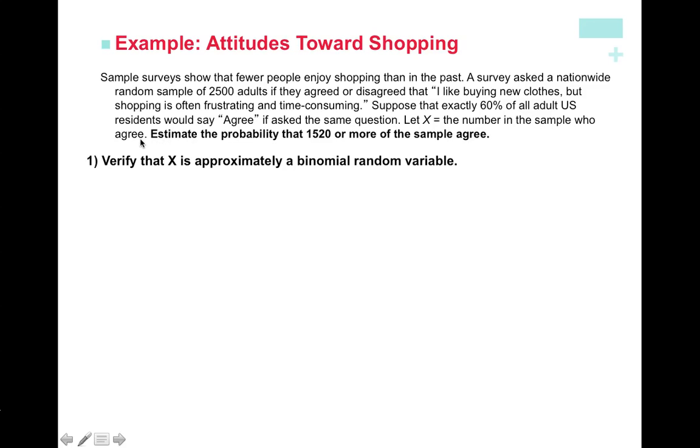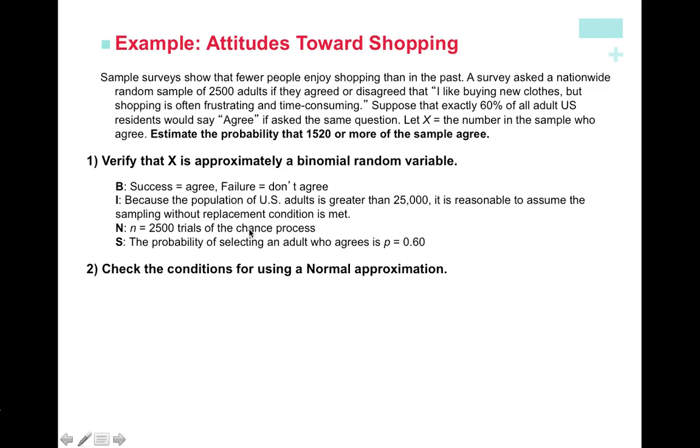So is this binomial? Let's verify that this is binomial so we can estimate the probability that 1,520 or more agree. So we look at BINS. Binomial, yes, we have successes and failures, agreeing and not agreeing.